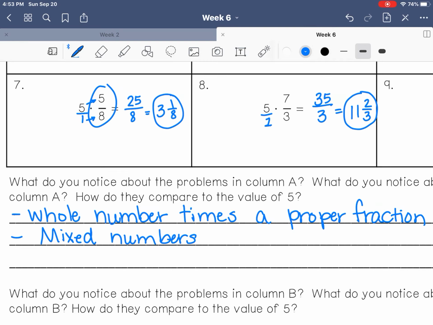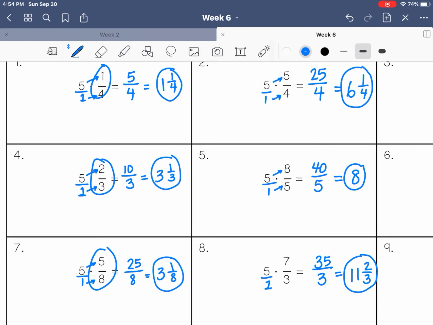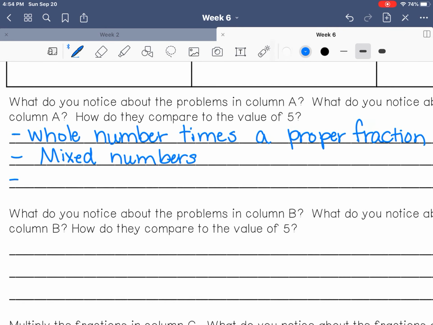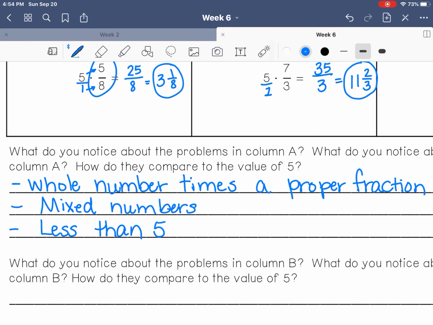Okay, and what really should have stood out to you is all of the answers. 1 and 1/4, 3 and 1/3, 3 and 1/8. All the answers were less than 5. All the answers were less than 5 because we multiplied by a proper fraction.